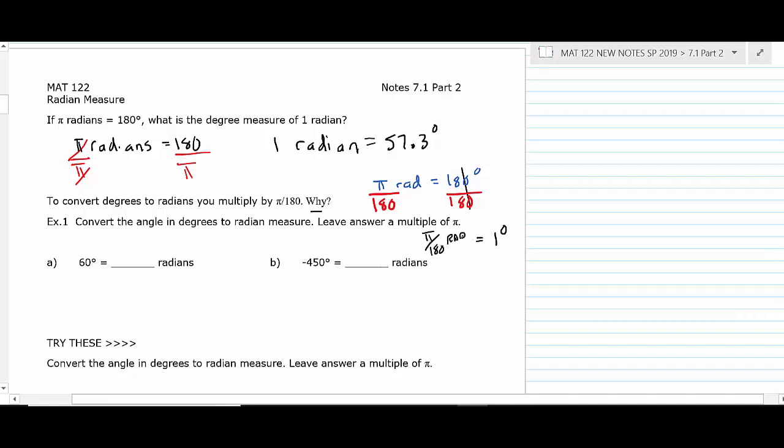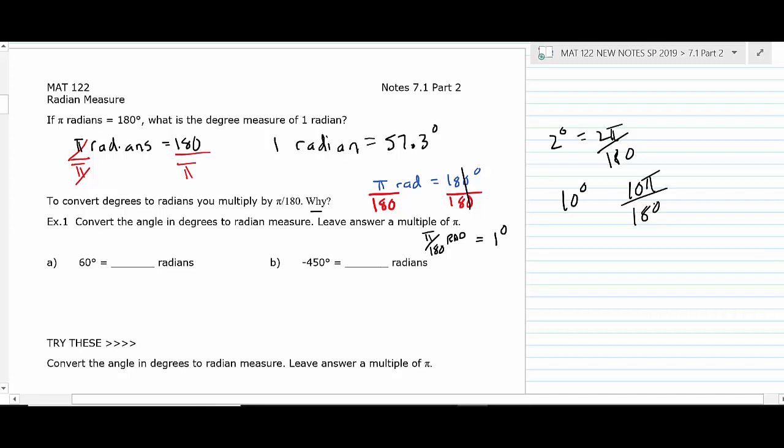So every time a degree goes by, you actually have pi over 180 radians. If you had 2 degrees, it would be 2 pi over 180. If you had 10 degrees, it would be 10 pi over 180 and so forth. So that's why you multiply by pi over 180, okay?